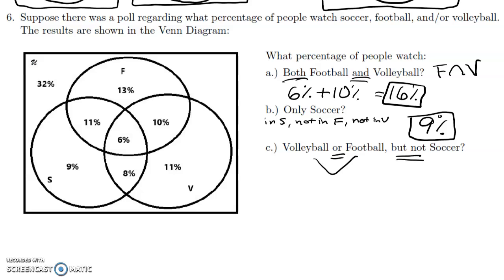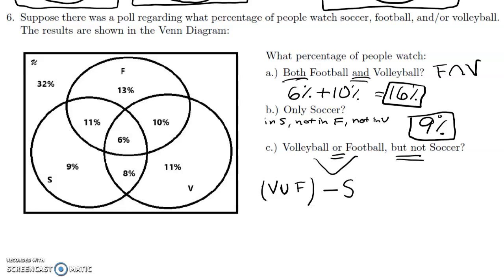What that sounds like is we're joining those 2 together, so that one really is a union. So we have volleyball or football, that union. And then if we want to be there but not in soccer, well, think about when we needed to be in something but not in something else. So volleyball or football, but not soccer.